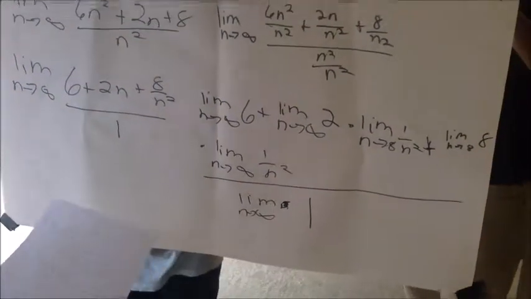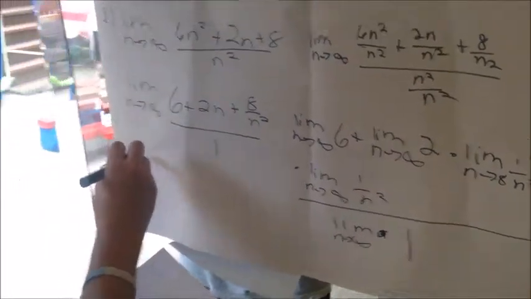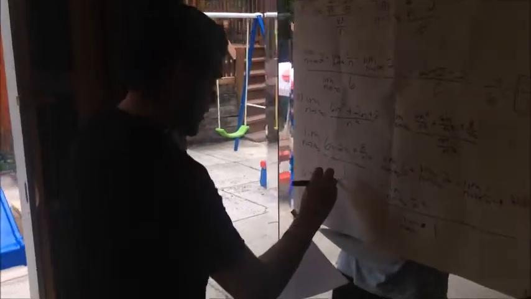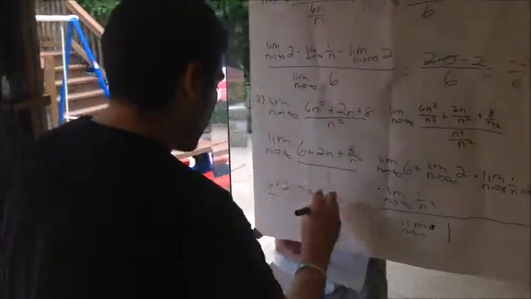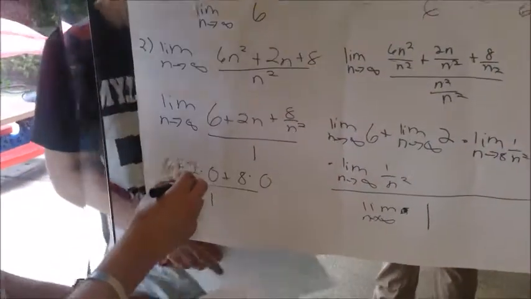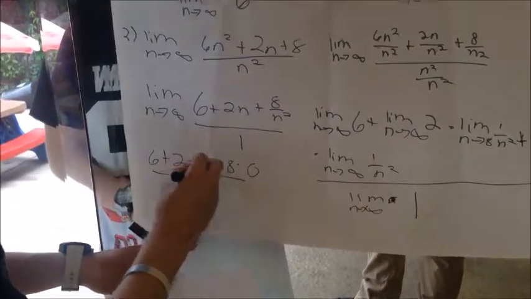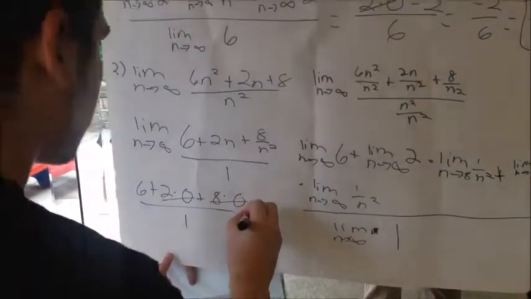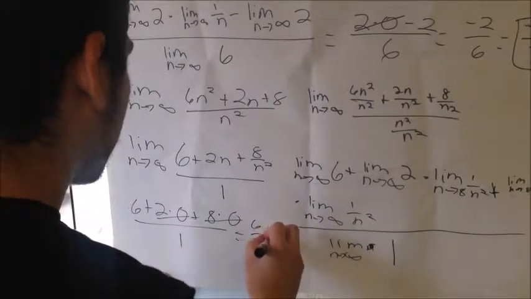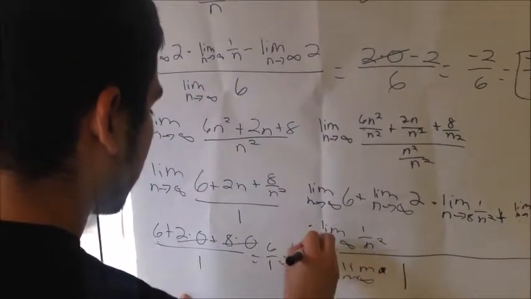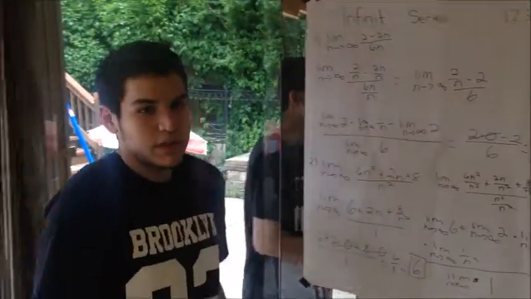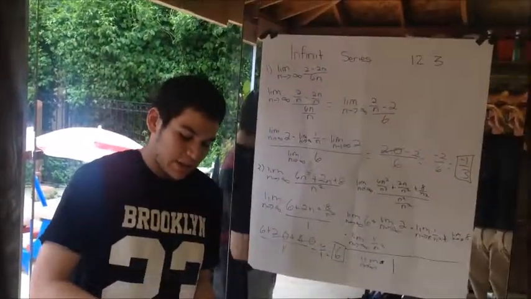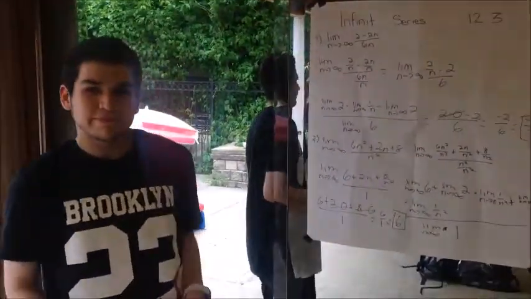So this will equal 6 plus 2 times 0 plus 8 times 0, over 1. Since those products are 0, they cancel, so all you're left with is 6 over 1, which equals 6. And that's how you do limits as n approaches infinity.